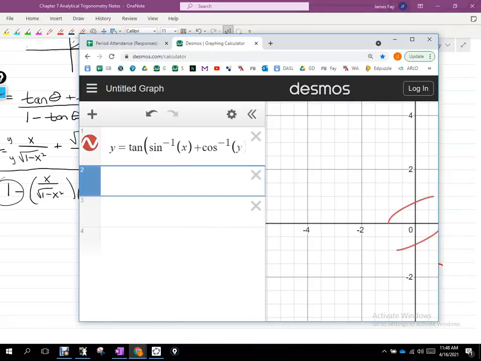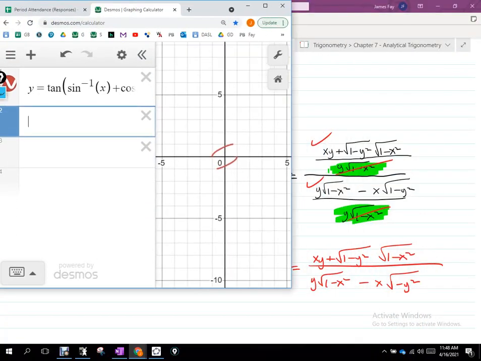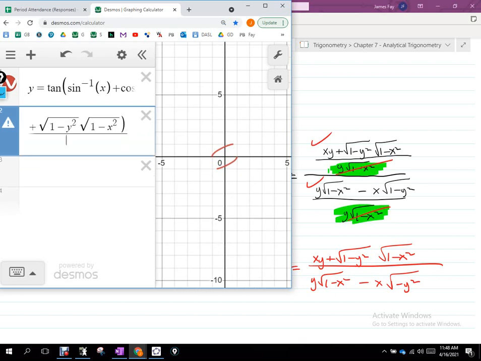Then, if I want to do this with pure algebra, let's see if we can type this thing in real quick. So we got xy plus the square root of 1 minus y squared times the square root of 1 minus x squared. Put all that over y times the square root of 1 minus x squared minus x square root of 1 minus y squared.